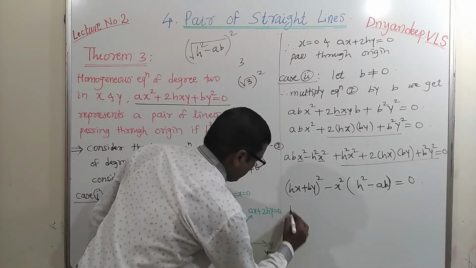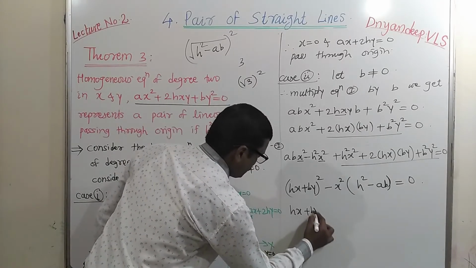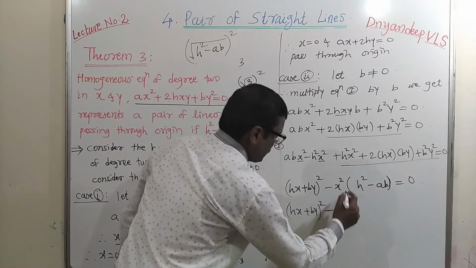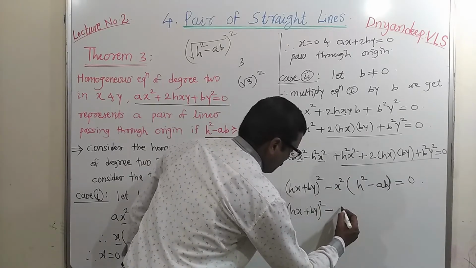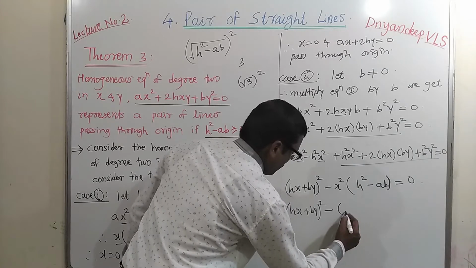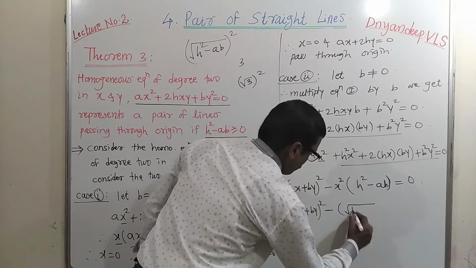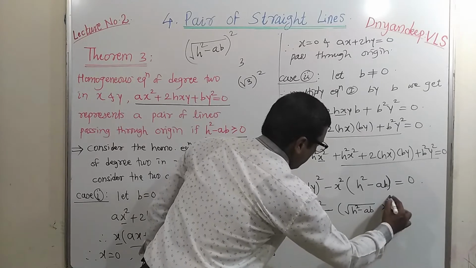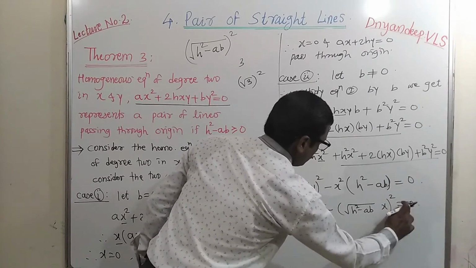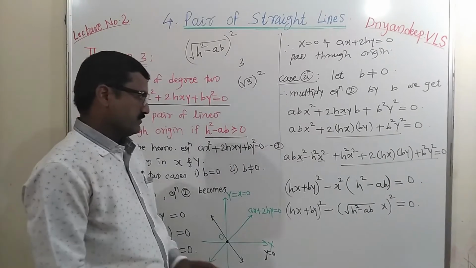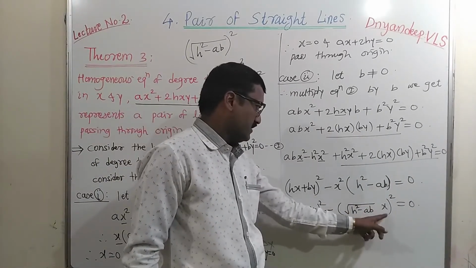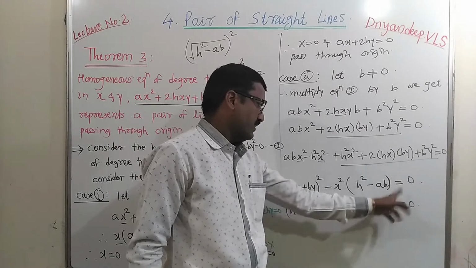So here write hx plus by bracket square minus, this x is already in the form of square, so before that I will write here root h square minus ab out of root x, and bracket square equal to 0. Is it okay? This is root h square minus ab, this x as it is, and the whole bracket square.